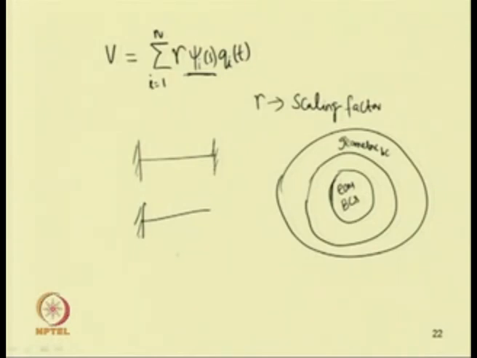But in case of a simply supported beam, one can consider the geometric boundary condition only. In that case the displacement at both the ends is equal to 0. The force boundary condition becomes the bending moment equal to 0 at the left end and also at the right end.